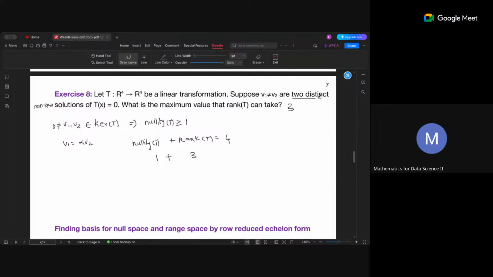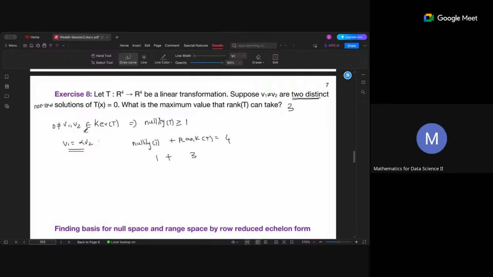Okay. We are only given that they are distinct, but linear independence is needed to talk about the dimension. So we can say that the nullity should be at least 1, it can be minimum 1, because in this condition the nullity can take the value of 1 even though they are distinct. Ma'am, why are you taking nullity greater than or equal to 1, or 2, or any other number?